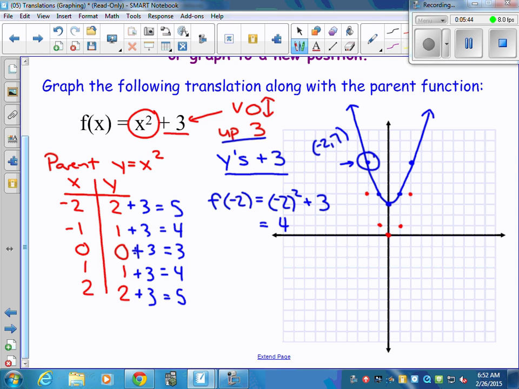Be careful if you plug this into your calculator. Make sure that you include the parentheses. Otherwise you will get an incorrect answer. 4 plus 3 does equal 7. So I verified that point and I know that it's correct.